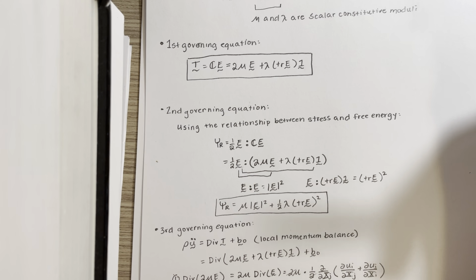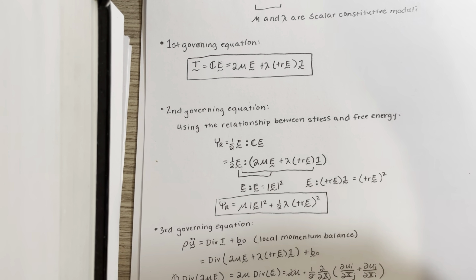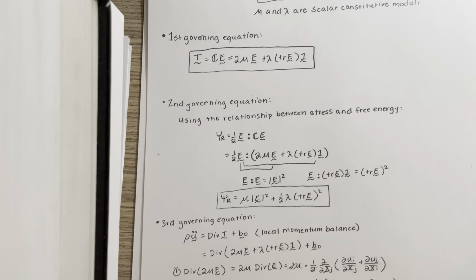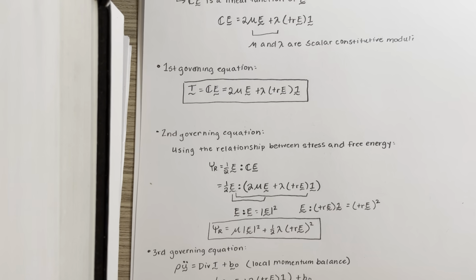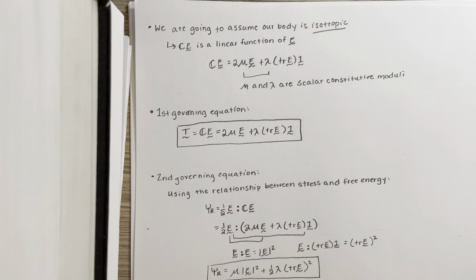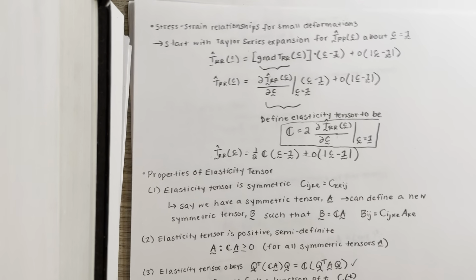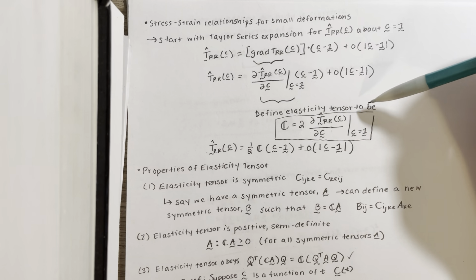I guess just taking a step back for what we've done throughout this whole lecture, we started by recapping some of the key points from the previous lectures, and we started the main content for this lecture by defining our elasticity tensor.